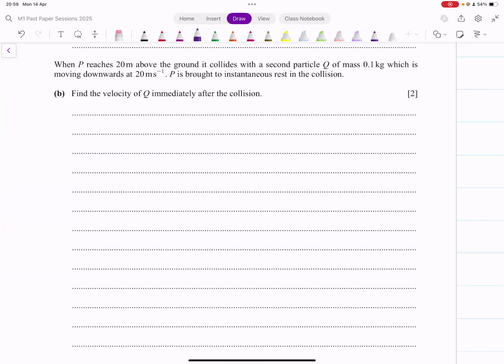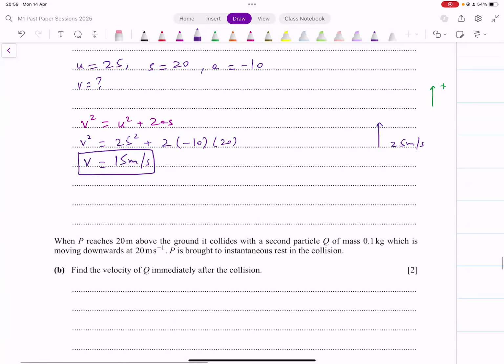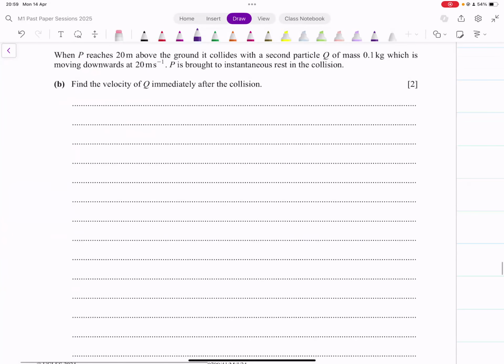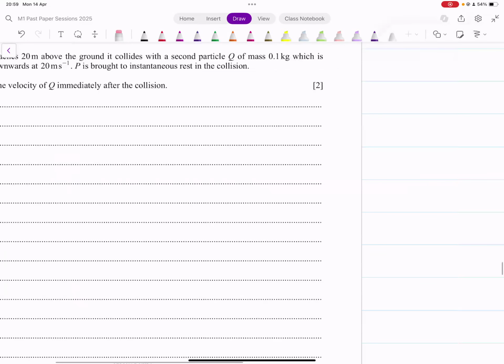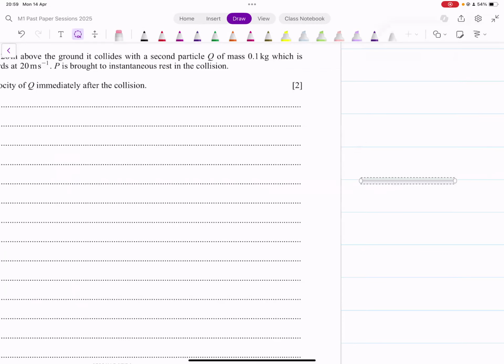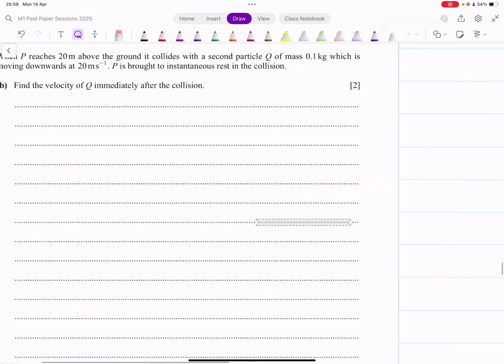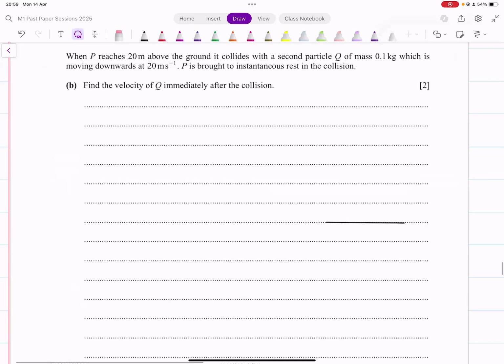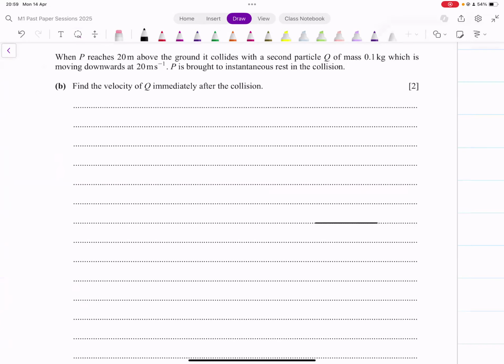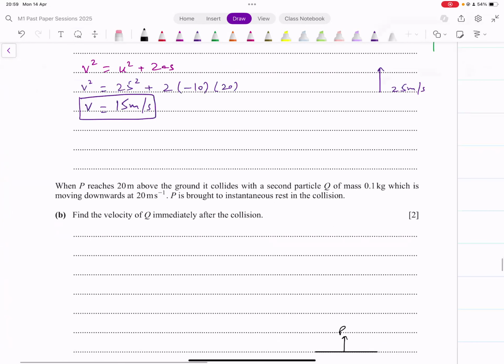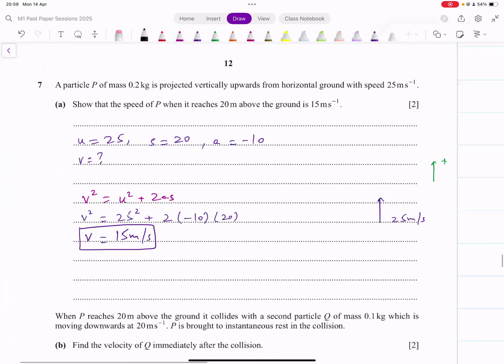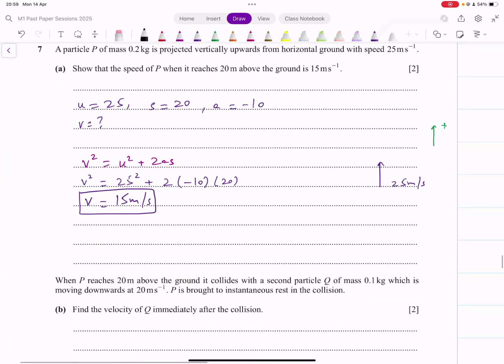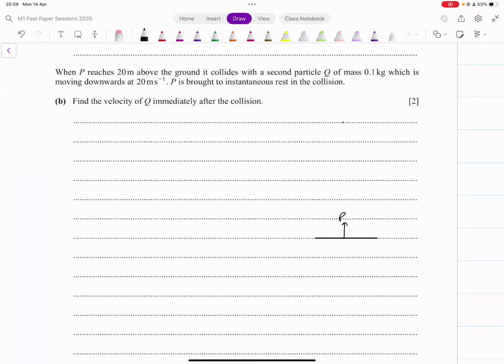Okay. When P reaches 20 meters above the ground, let's represent that here. Let's say this is the horizontal ground. The particle P was projected vertically upwards in this direction. Its initial velocity was 25 meters per second, although that doesn't matter. Let's just focus on that part when it collides.